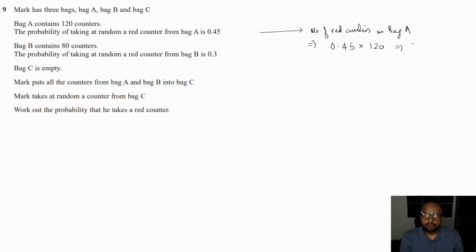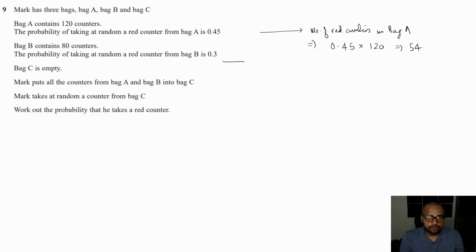So this is equals to 54. Okay. Since probability of getting a red counter from bag A is 0.45, we'll be multiplying the probability with the total number of the counters present in the bag A. So this will give us the number of red counters.